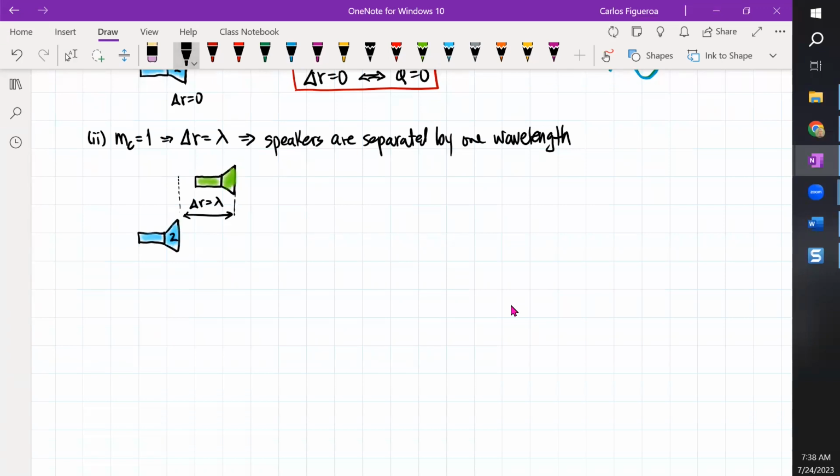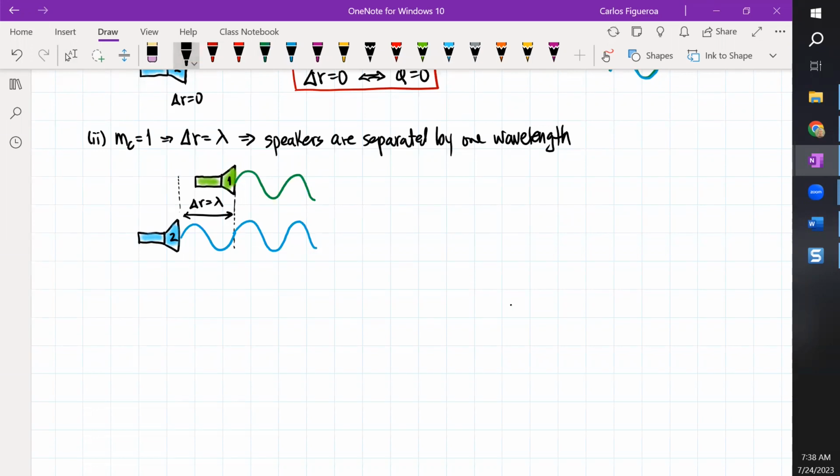So what does that mean? You can see that source 2 travels farther than source 1 by 1 wave. So now if I bring this all the way here, this is traveling farther by 1 wave, and then it's looking like this here. So then the green source, you could see here, is in sync with this wave.